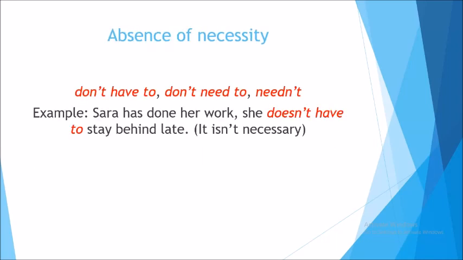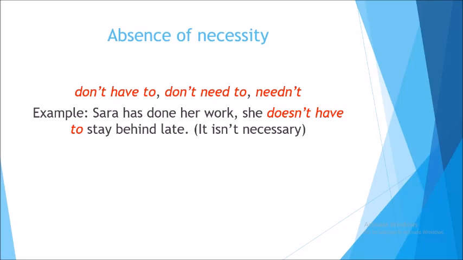Let's go on with absence of necessity. So, absence of necessity is expressed by the modal verbs don't have to, or don't need to, or needn't. Example: Sarah has done her work.